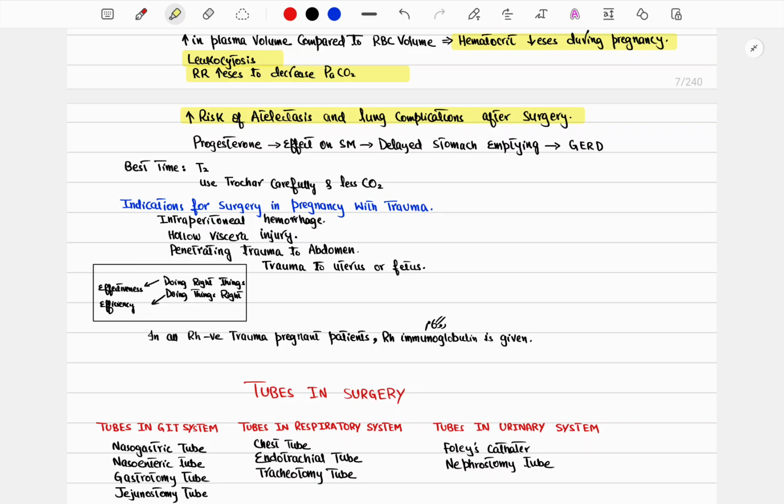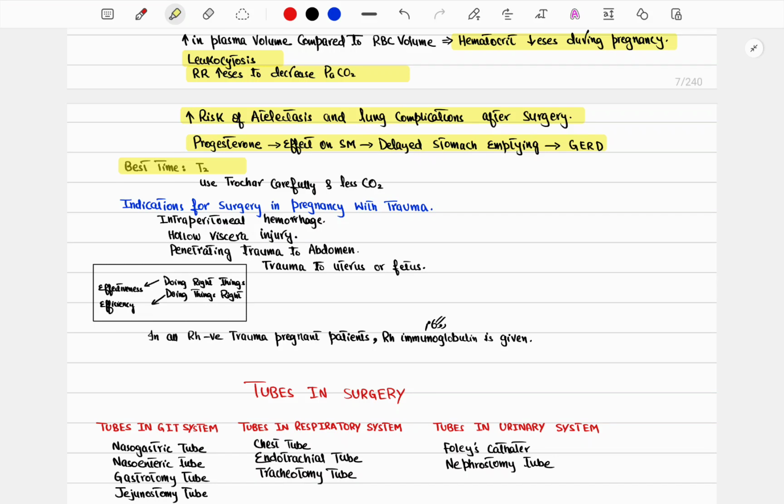The progesterone effect on smooth muscles is that it relaxes them, so there is delayed gastric emptying, which results in GERD, gastroesophageal reflux disease.